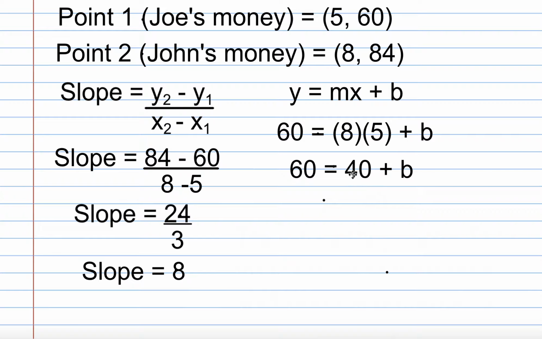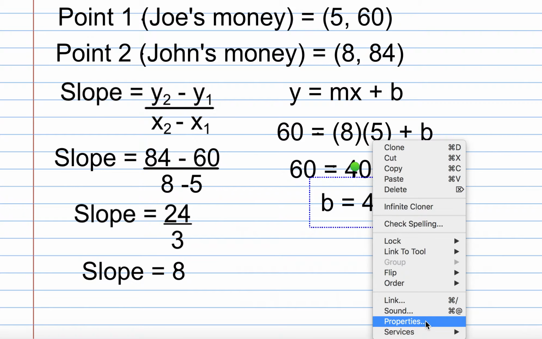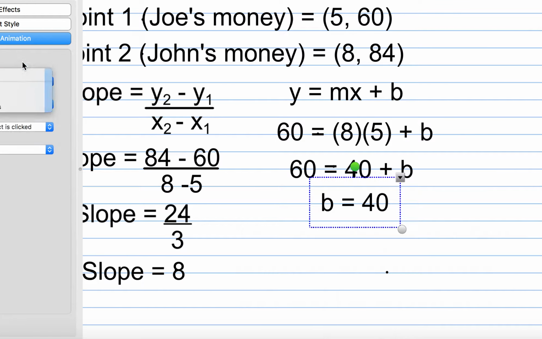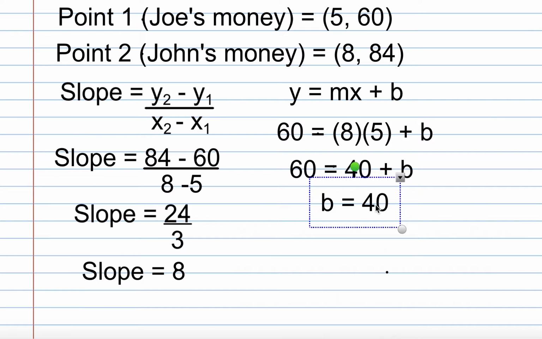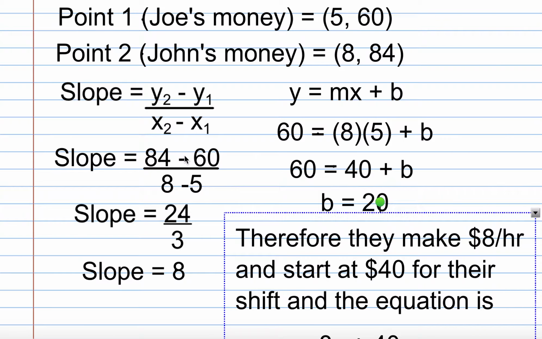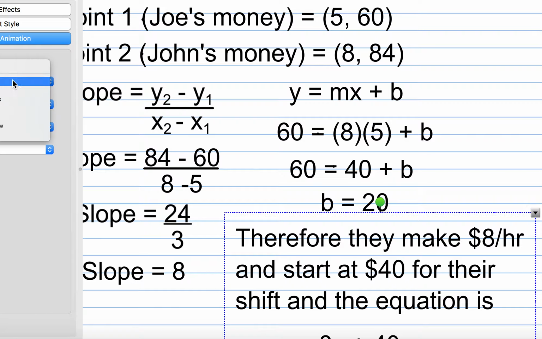So 8 times 5 is 40, so we have 60 equals 40 plus b. And oh no, Mr. Shaw, that's not right, and that's going to mean that everything else is wrong. So that's actually 20, not 40. Then what that means is that the rest of the stuff I'm going to tell you in a second is wrong, but we're going to fix it together.